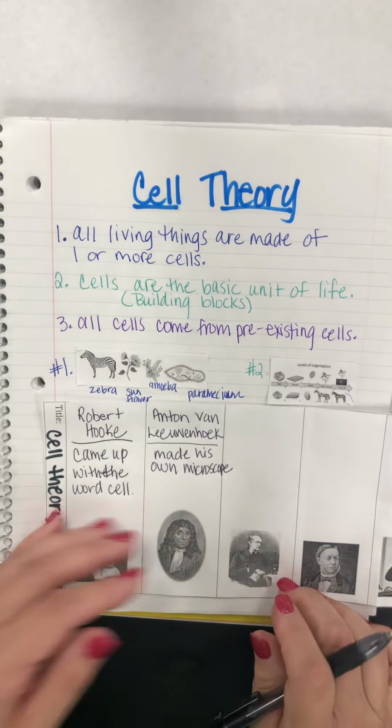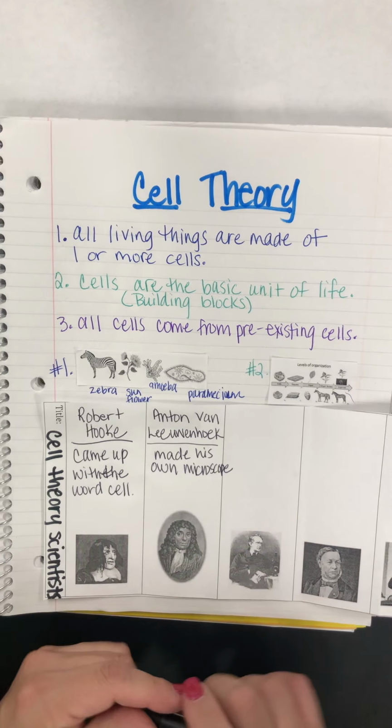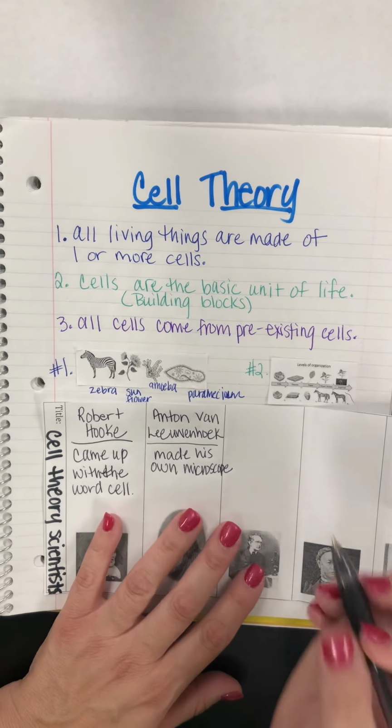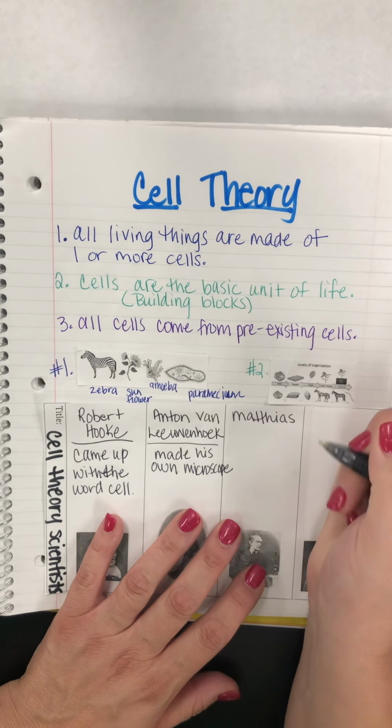So Anton van Leeuwenhoek made his own microscope, so now he can see the cells in plants, cells in animals.